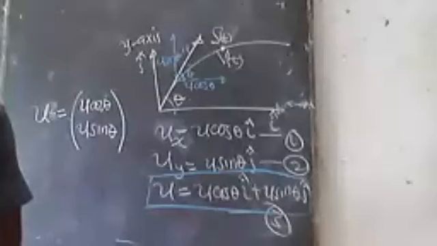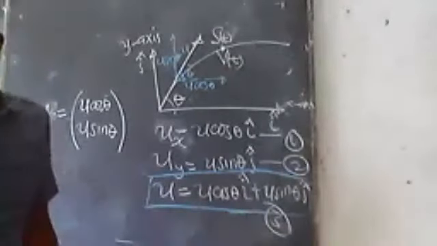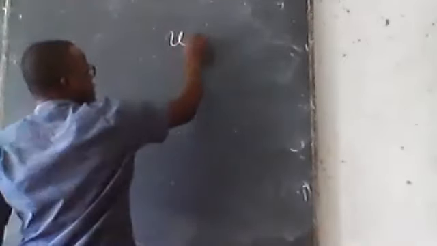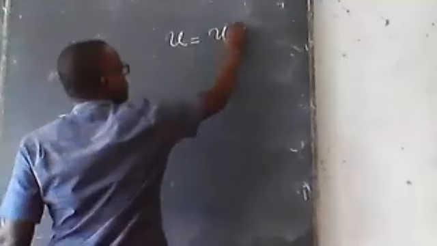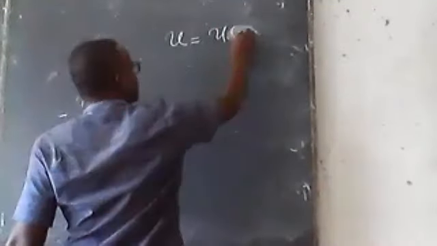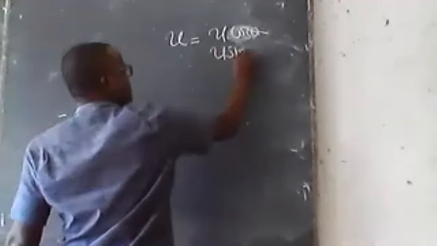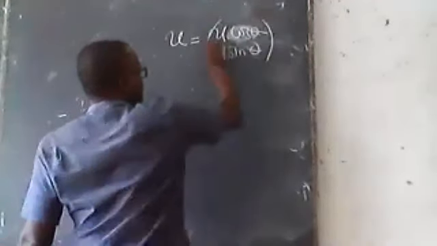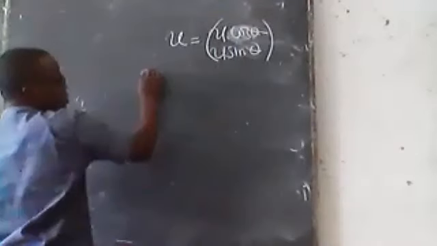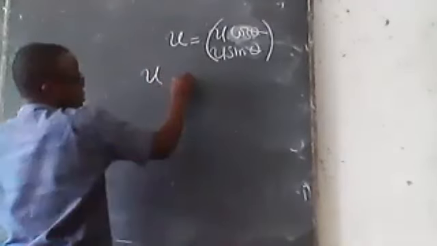Let us now derive the acceleration. We have just seen that the initial velocity can be given as U cos theta I plus U sin theta J. We note that one somewhere.